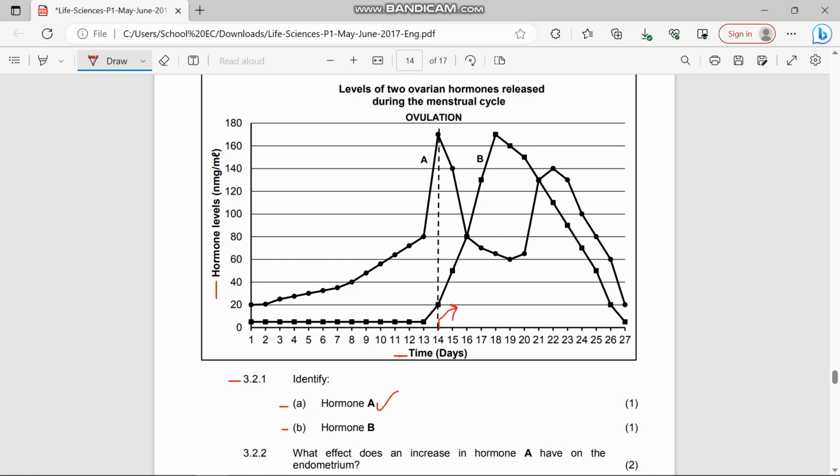So it is no longer a Graafian follicle after day 14; on day 15 it becomes a corpus luteum, secreting progesterone from the ovary. So B is the progesterone and A is the estrogen. Very good, that's how it goes, guys. I hope we get it right.